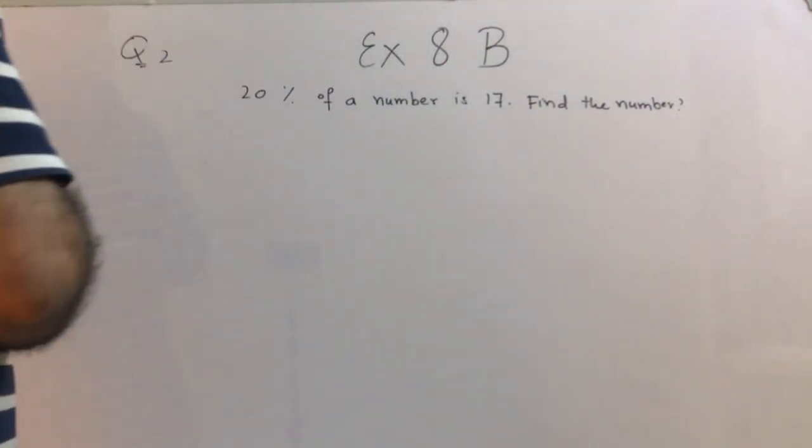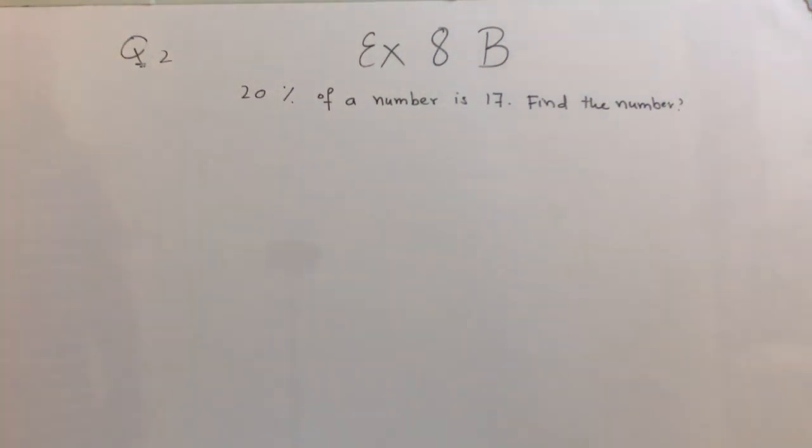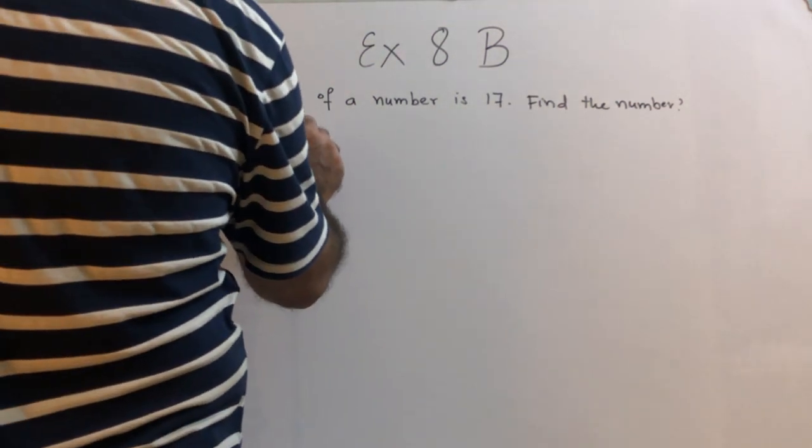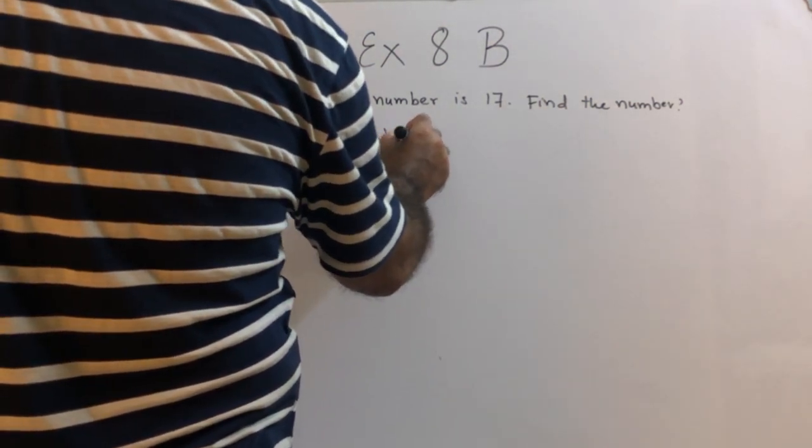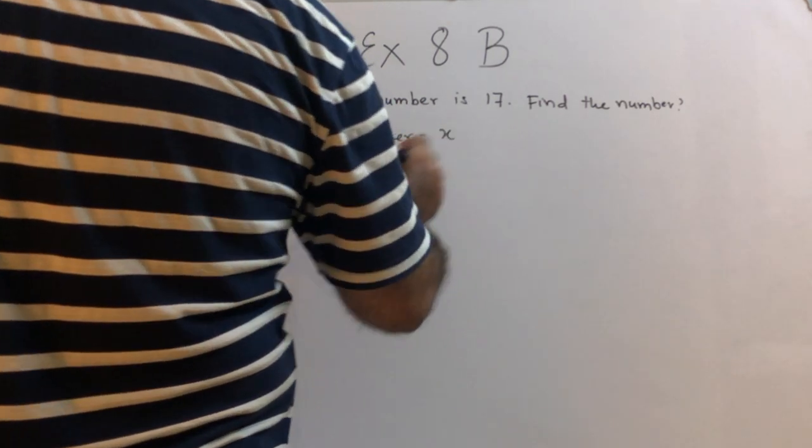We don't know what the number is, but we know that if we take 20% of that number, which is not known, then we will be getting 17. So let me suppose the number is x.